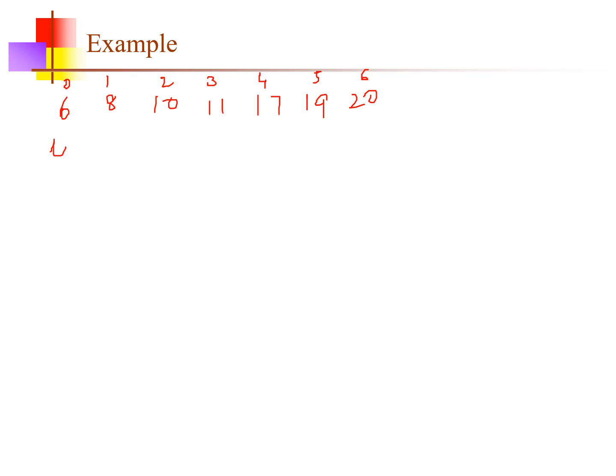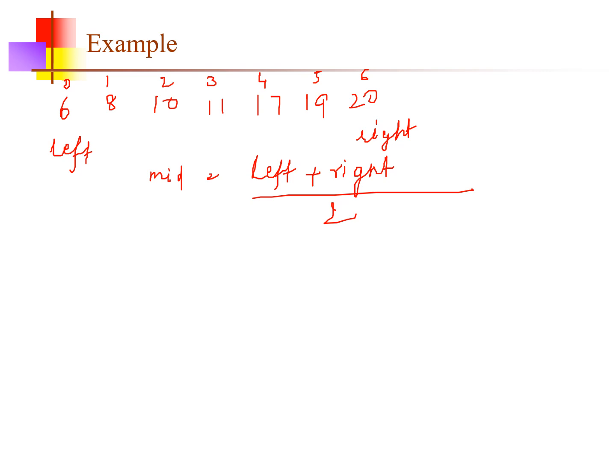Left is this one, and this one will change recursively. Right is this one, and mid I need to calculate. So mid value will be left plus right divided by 2, and this will be the floor value, not the ceiling value, because we are doing integer division. In integer division we always get the floor value, right?